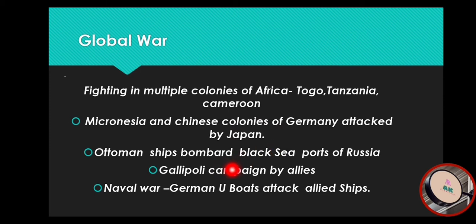So America enters the war in 1917. Why? Because Germany attacked Allied ships, first the submarine ships, then Allied ships, and then they changed their idea and started attacking passenger ships.